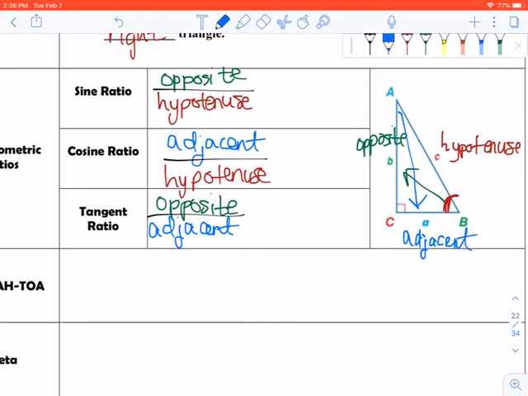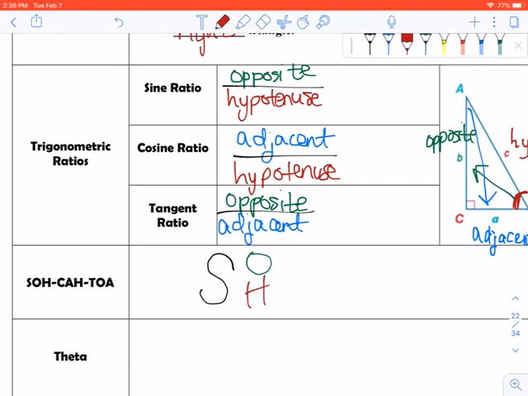Now one way to abbreviate those ratios and make it a little easier to remember is SOHCAHTOA. So we have S, which stands for the sine ratio, is equal to the opposite over hypotenuse. So that's pronounced so.